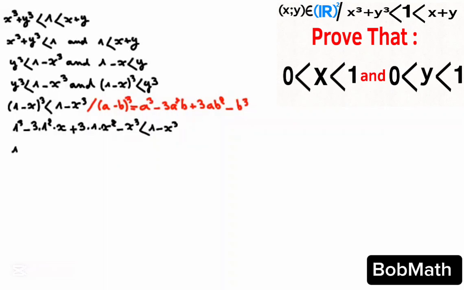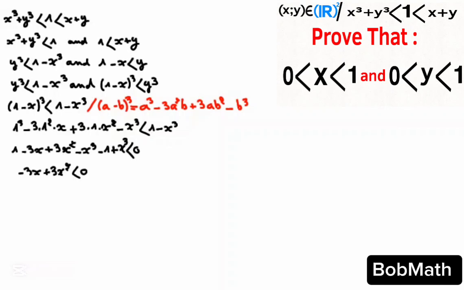Therefore 1 minus 3x plus 3x squared minus x cubed minus 1 plus x cubed less than 0. Therefore minus 3x plus 3x squared less than 0.